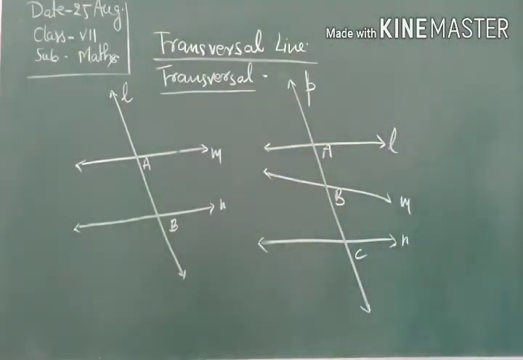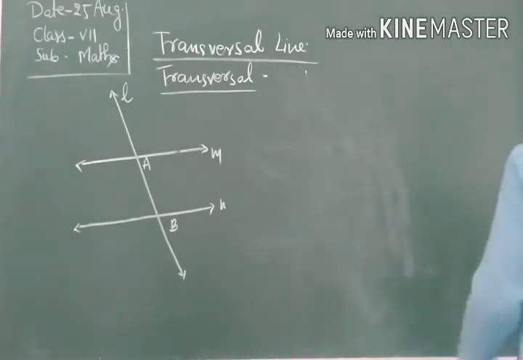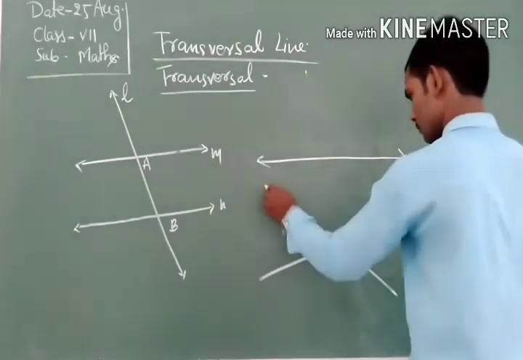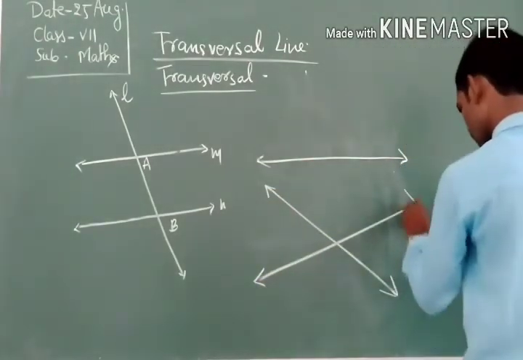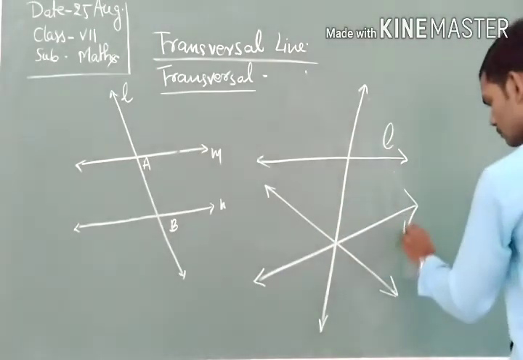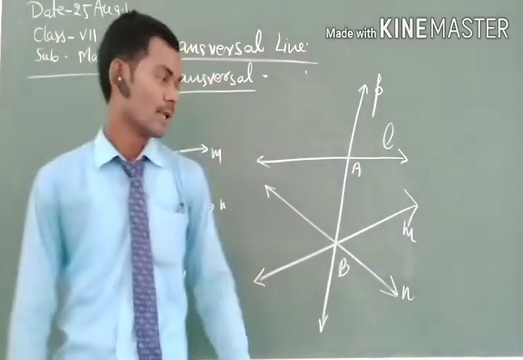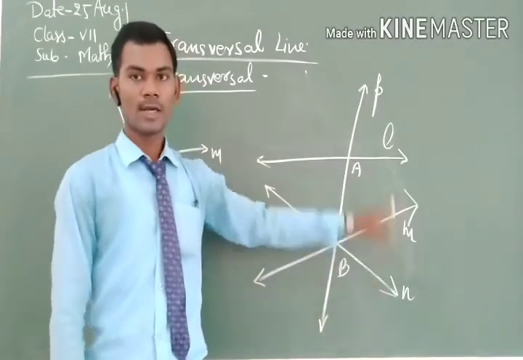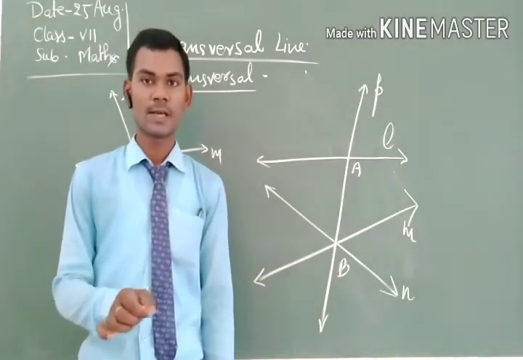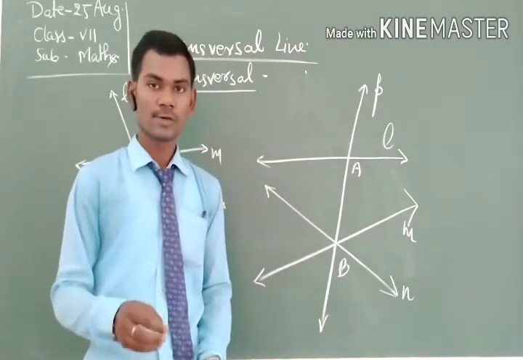But if we draw a figure like this, there are three lines L, M, N, and a line P intersects at the point A and at the point B. The definition says that a line which intersects two or more lines at different points is known as a transversal line.